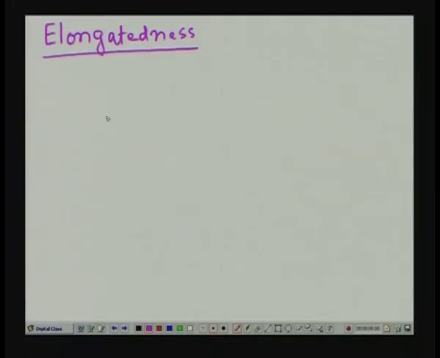Another kind of shape based descriptor that can be defined is called elongatedness. Now, to define elongatedness, we construct something called a region minimum bounding rectangle. Now, what is this? Suppose I have a region shape of this form.